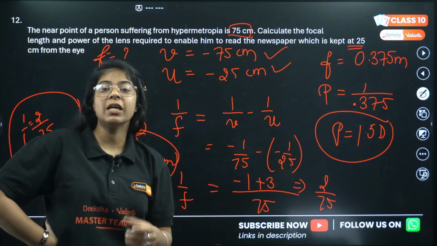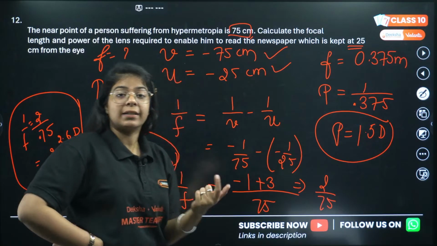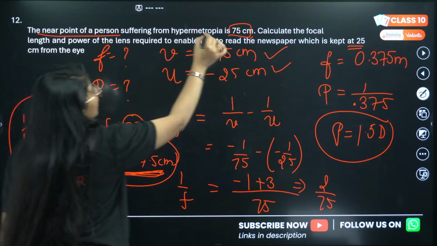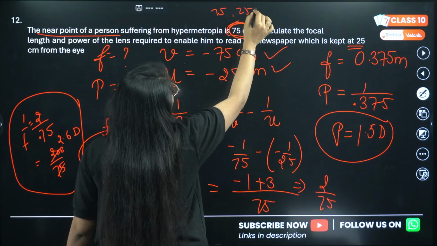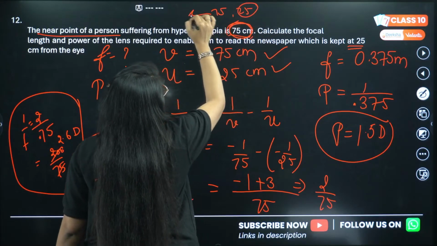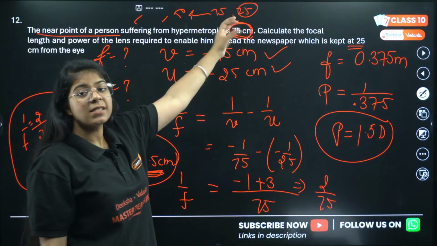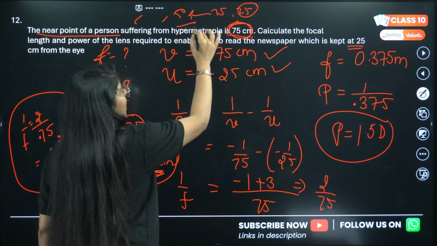So we need to see which kind of lens, what the power and the kind of lens he should use to correct his vision. In the case of near point, a new near point that is given, other than 25, that is 50, 30, anything other than 25, will be taken as V, and the sign will always be negative in these kinds of numericals.